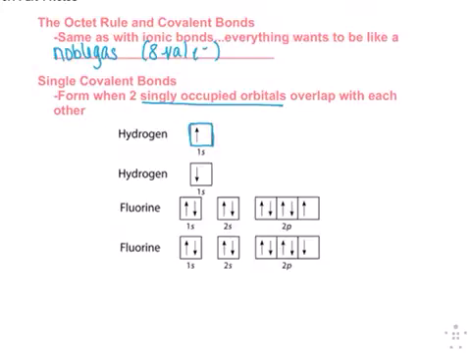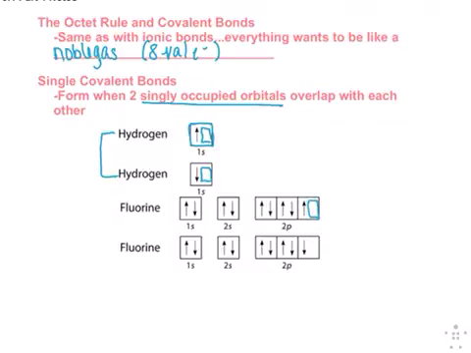Each orbital generally holds how many electrons? Or maxes out at how many? 2. So that's why these 2 hydrogen atoms can bond covalently, because they each have 1 spot for an electron yet. Fluorine also would have 1 spot left available.